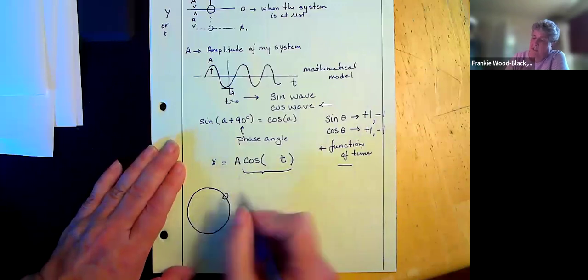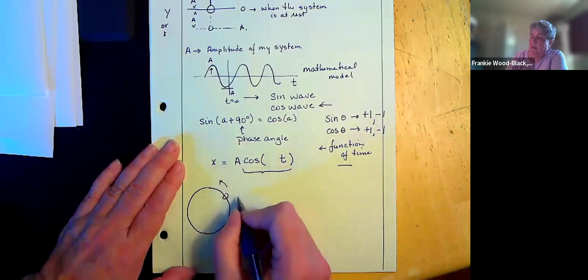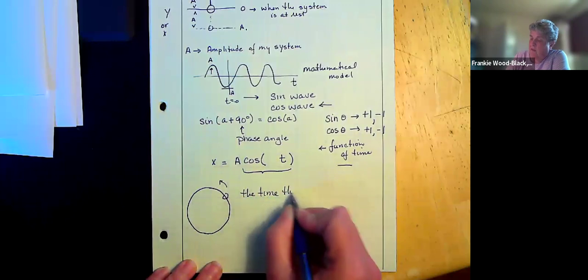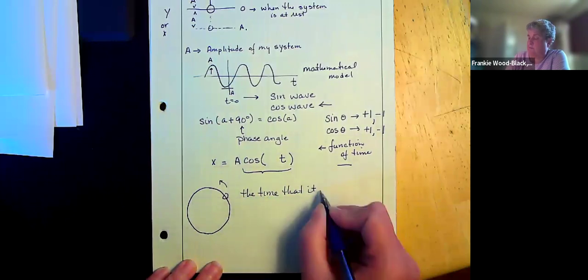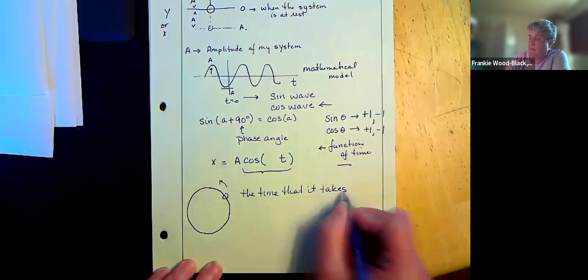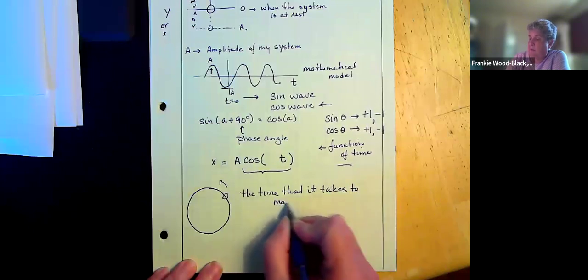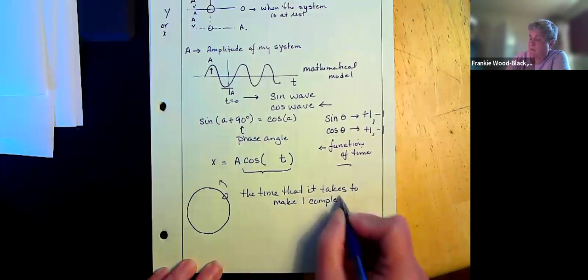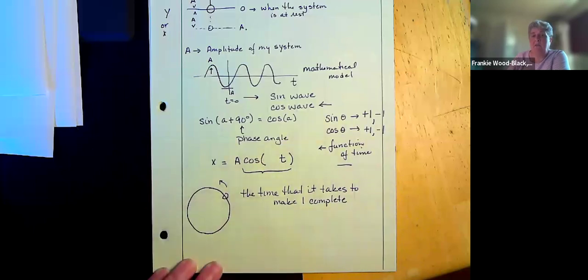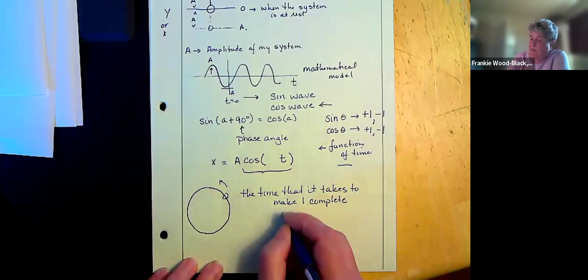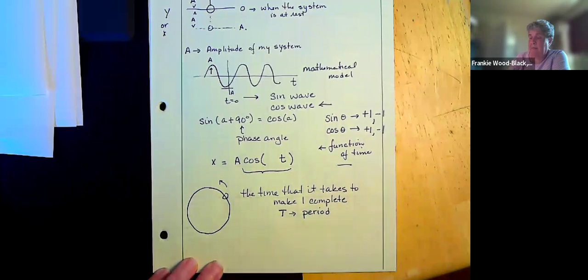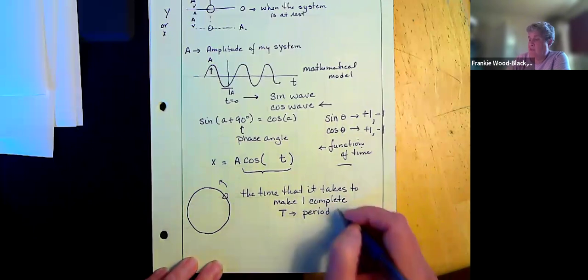And as my object goes around this circle, the time that it takes to make one complete circuit, or one time completely around the circle, we refer to that as T, or the period. And that's going to be in seconds.